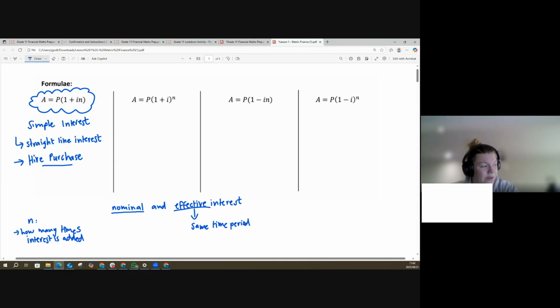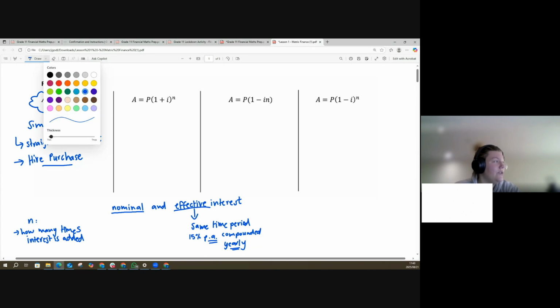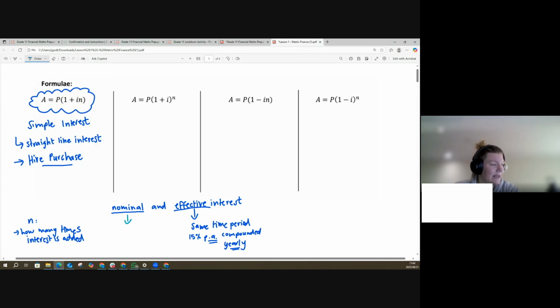So as an example, if we said 15% per annum compounded yearly, this is per annum, so that's in a year, and yearly is a year. If we're looking at nominal, we could say something like 15% per annum compounded monthly or quarterly or whatever we like. But here's a month and that's a year. So they're different. So nominal is if the time frames are not the same, and effective is if they are the same.